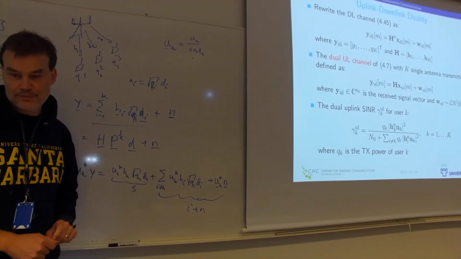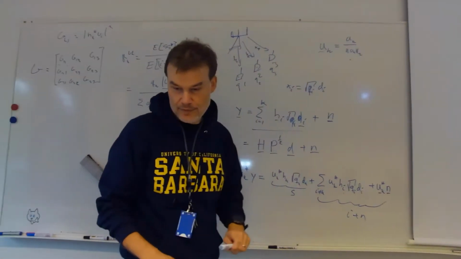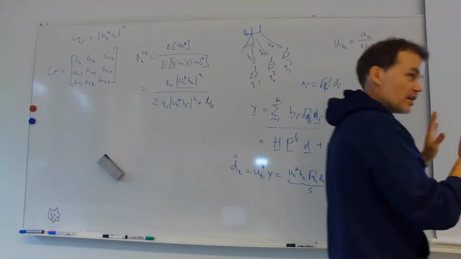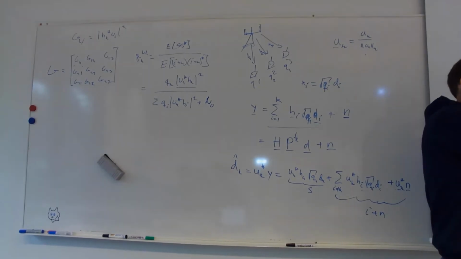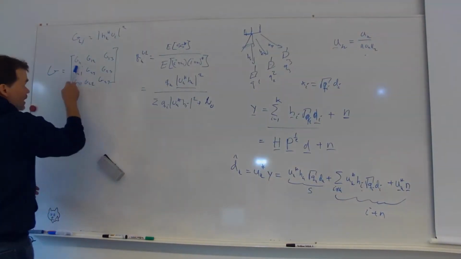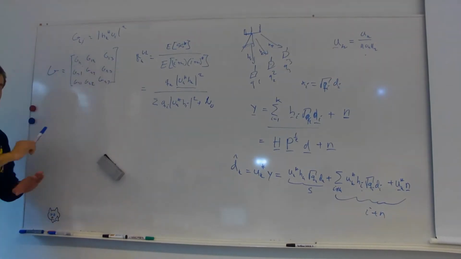The powers are different, okay? But these coupling values, I call it the coupling matrix. If G is diagonal, there's no interference. You see this? If G happens to be diagonal, there's no interference between users, like a zero forcing solution.